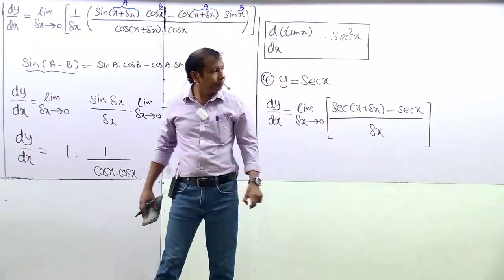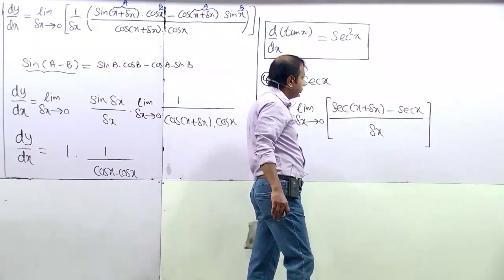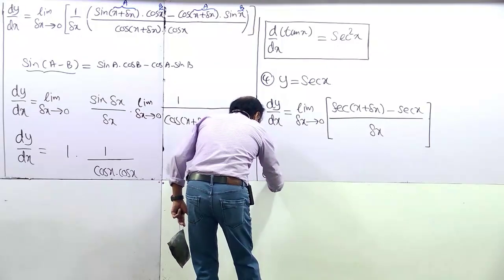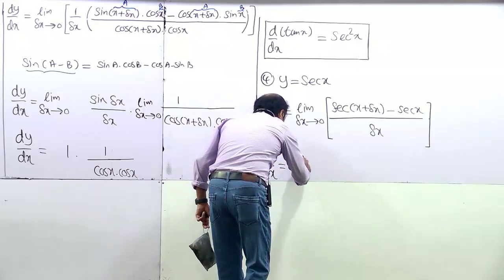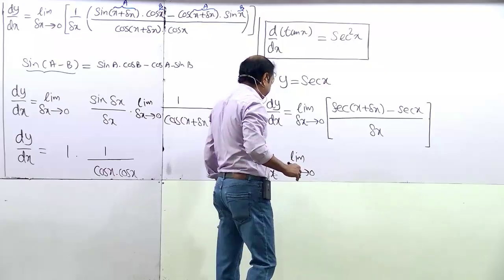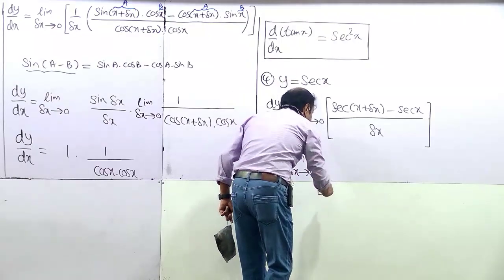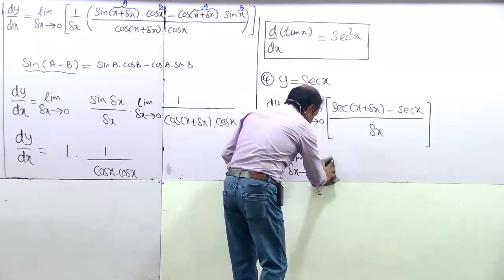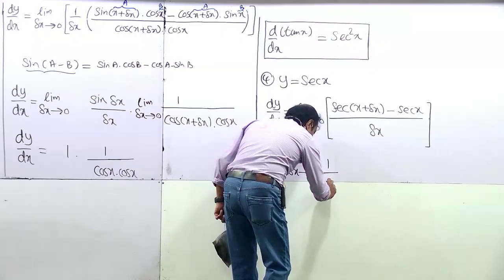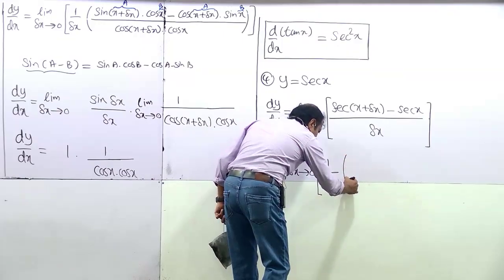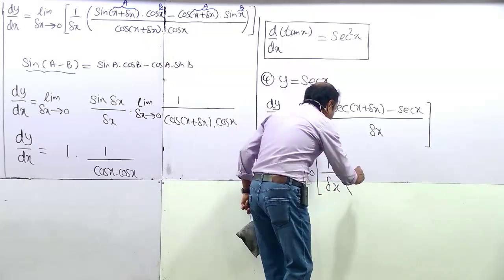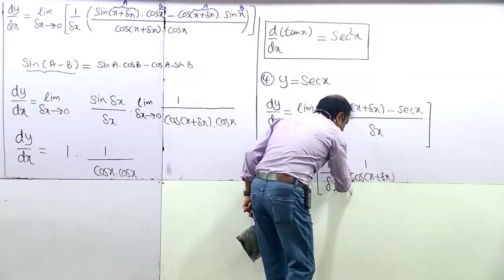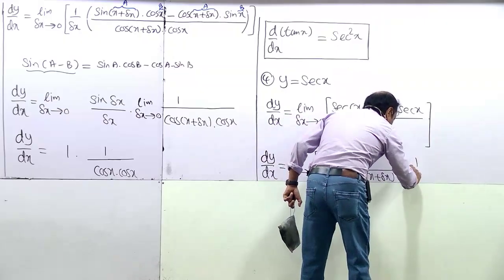Right, start. dy over dx is 1 over delta x, open a bracket, 1 over cos(x plus delta x) minus 1 over cos x.